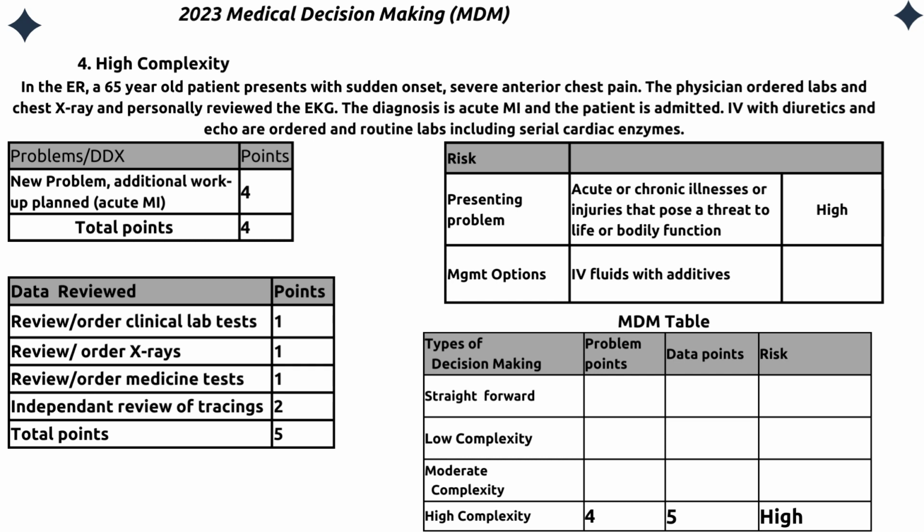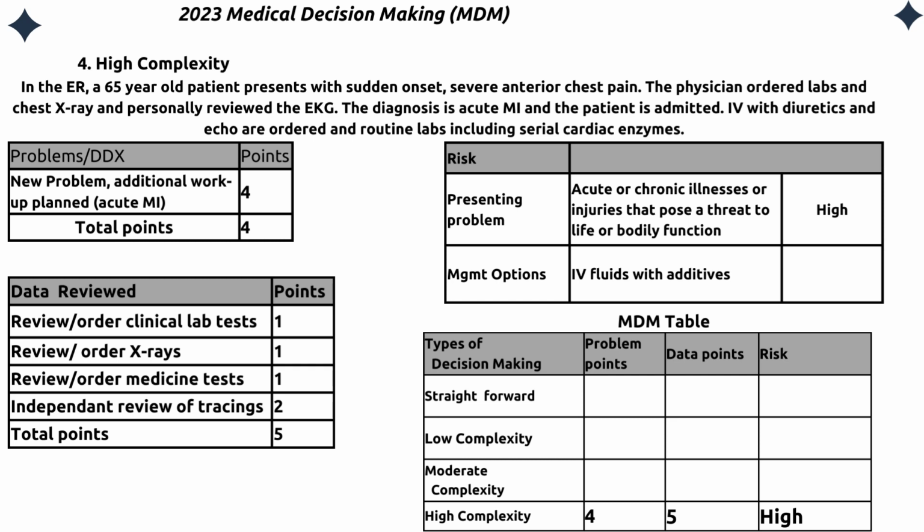And according to the risk table, the presenting problem is an acute or chronic illness or injury that poses a threat to life or bodily function, which meets the criteria for high risk. And here again for the management option, the physician provides IV fluids with additives, so again it will lead to high risk.